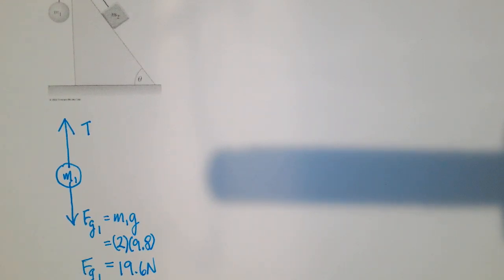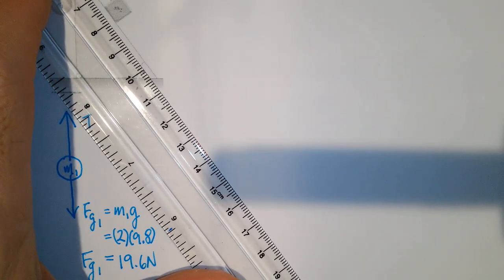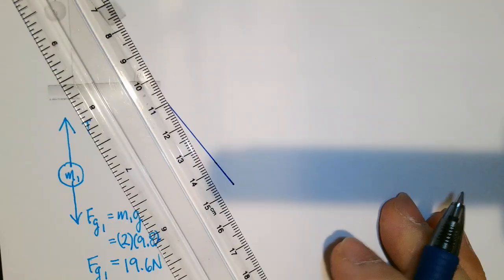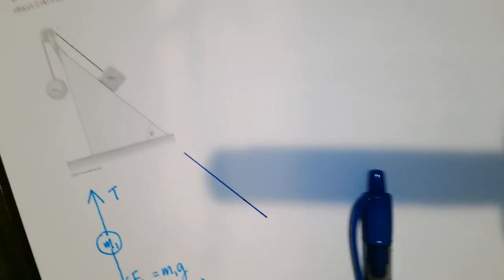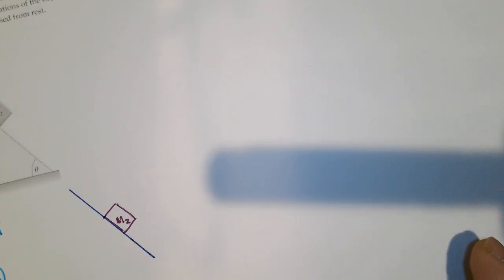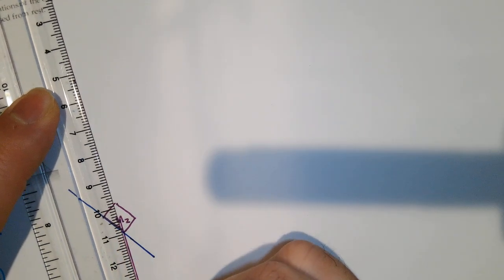Now let's draw a free body diagram for my M2. Here is my M2. This M2 will have FG, and FG will always act straight down.